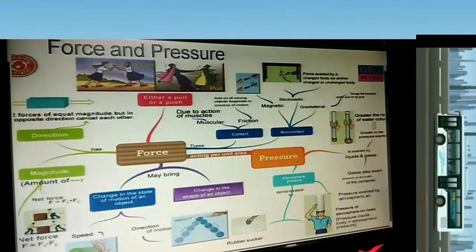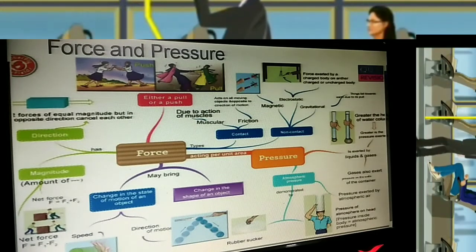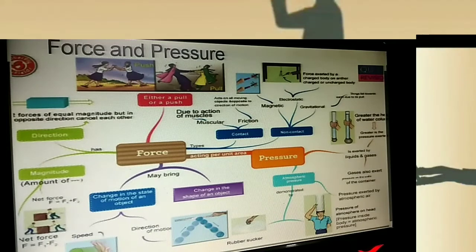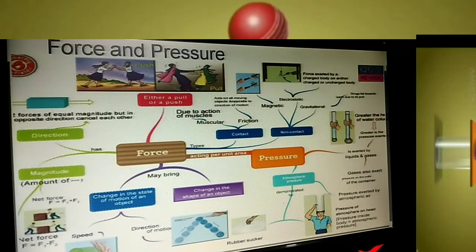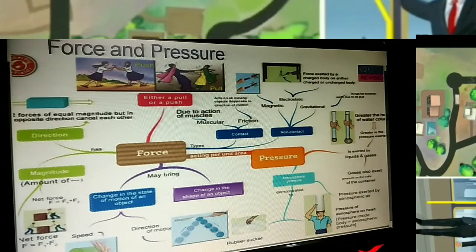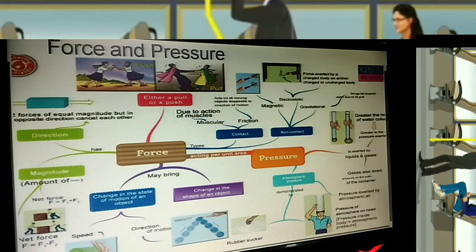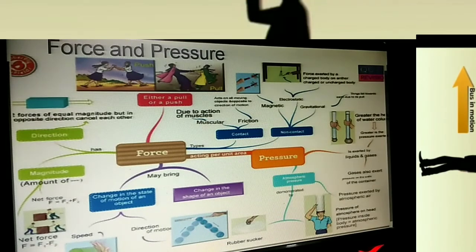Now force is nothing but a physical quantity which can change the property of the bodies, that is inertia. So by applying force on the object, you can change the property of inertia of objects, or a physical quantity which can change the state, position, shape, size, or the speed and direction of a moving object, or both, is called force.